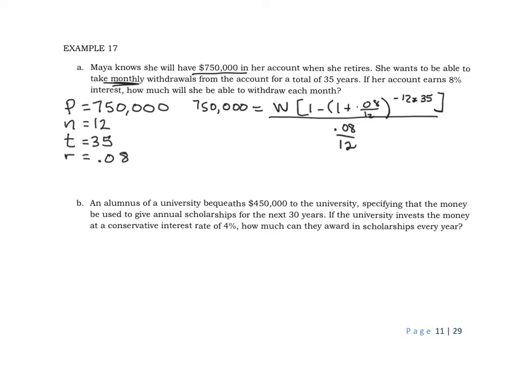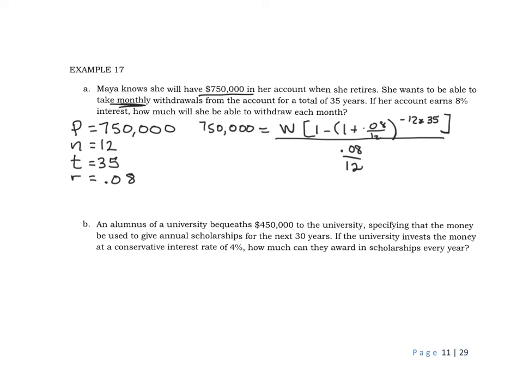So let's go ahead and put this in the parentheses. Again, the easiest thing is to go ahead and figure this amount out on your calculator. That negative 12 times 35 should give us a negative 420.